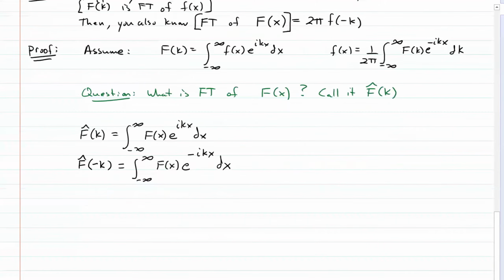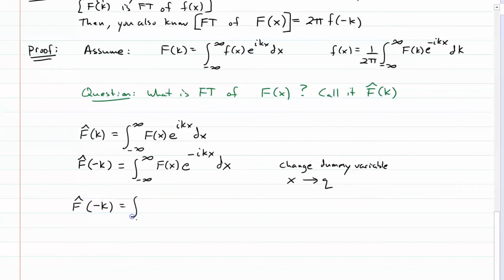And now maybe it helps to change the dummy variable, the integration variable, from x to q. Remember, I can rename the variable inside my integral anything I want to. So I'm just changing the variable to q, e to the minus i k q dq.